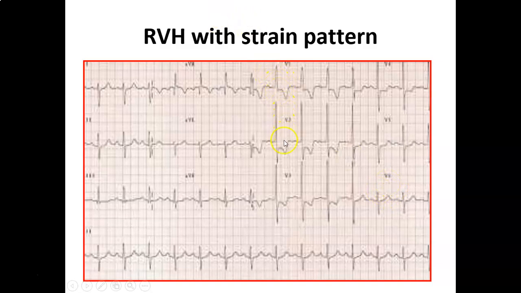And if you look at the ST changes opposite to the QRS complexes, this is a strain pattern. So this is your right ventricular hypertrophy with strain pattern. Again, if the patient is symptomatic, with chest pain, heartburn, sweating, dizziness, then try to rule out acute coronary syndrome by doing repeat ECGs and a cardiac workup.